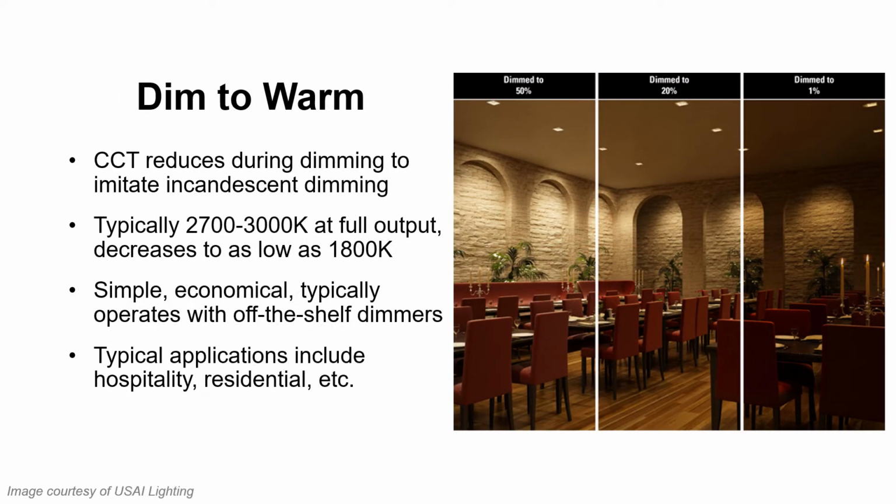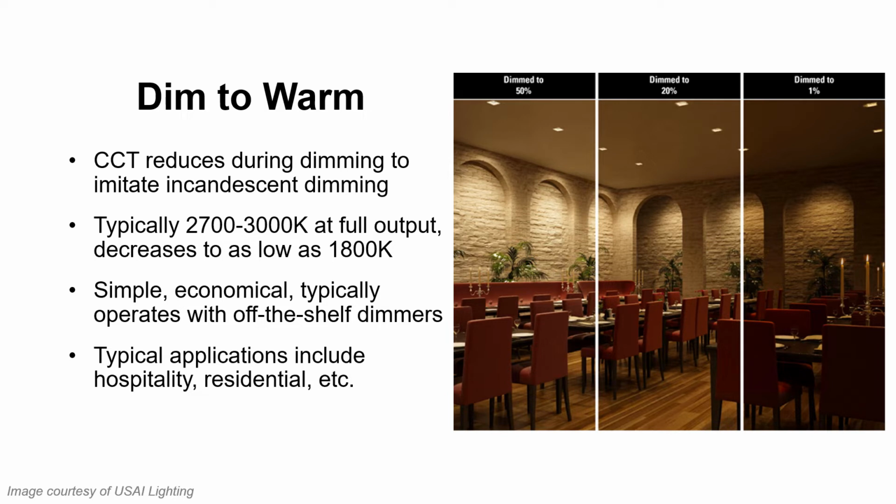A second color tuning option is a pretty simple one. Dim to warm LED products automatically reduce CCT to produce a warmer color appearance during dimming, similar to an incandescent or halogen lamp when it dims, so as to satisfy user expectations.